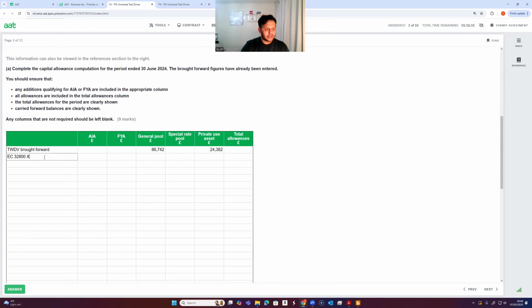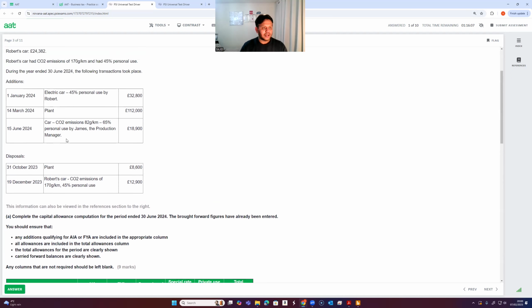And we multiply with 55% because we are taking 55%. So this car is eligible for FYA, first year allowance. So we do 32,800 multiplied by 55%, so 18,040. This is our first one.